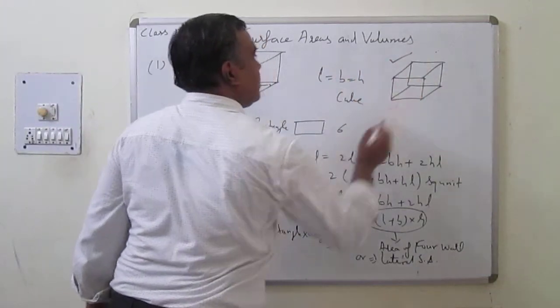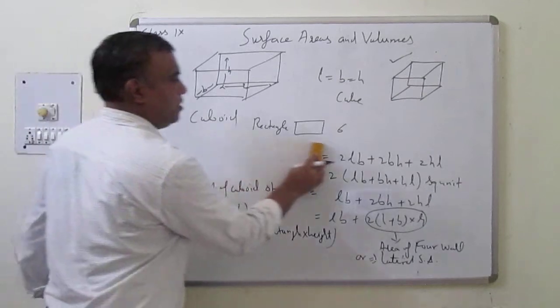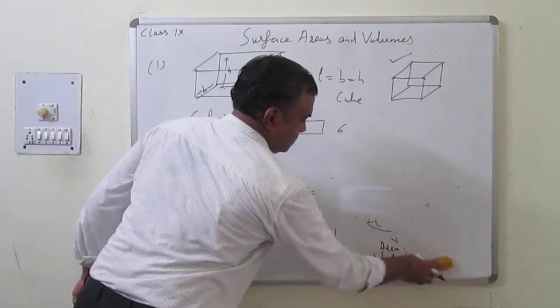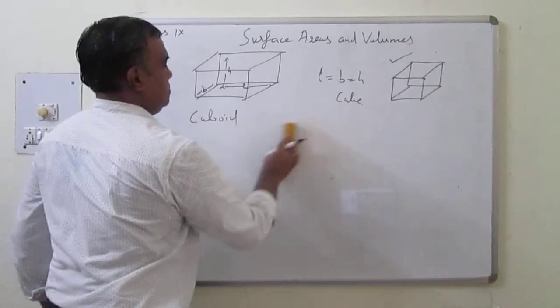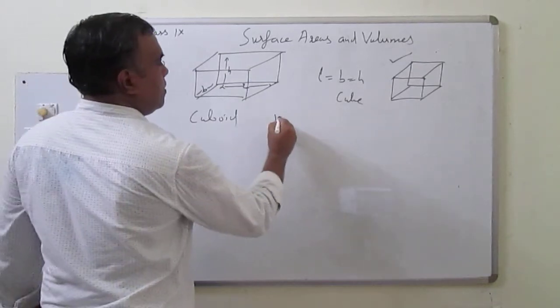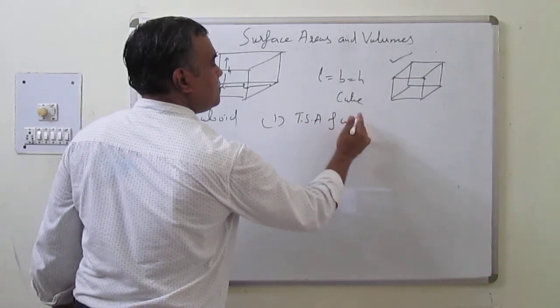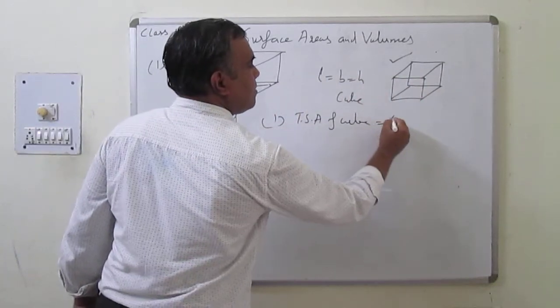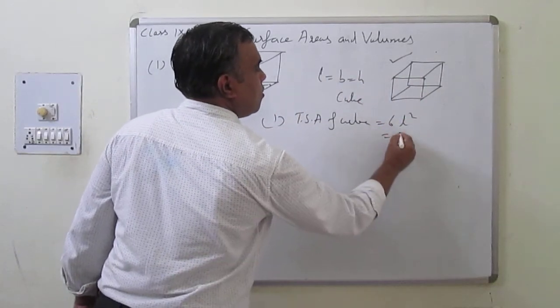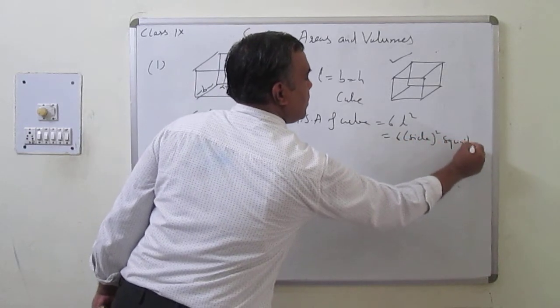If I take a cube, then what is the total surface area of the cube? Now for the cube, TSA of cube: if all sides are equal, it becomes 6 into L square or 6 into side square. Unit is square unit.